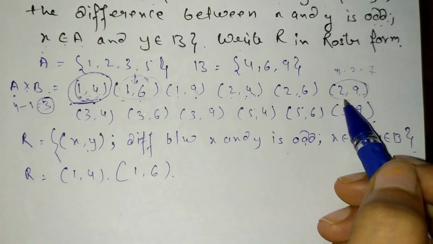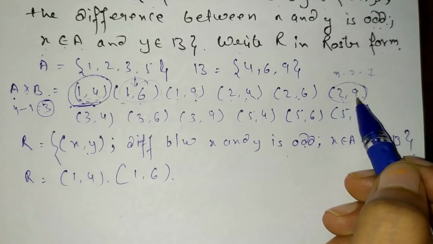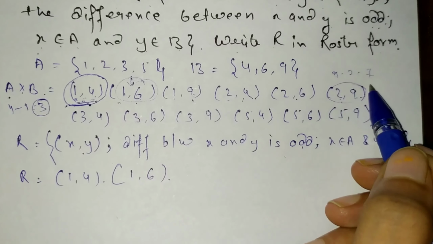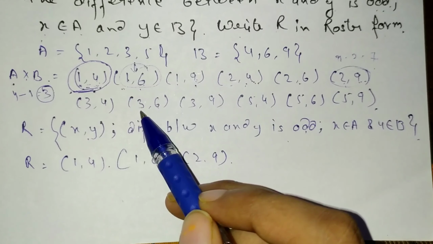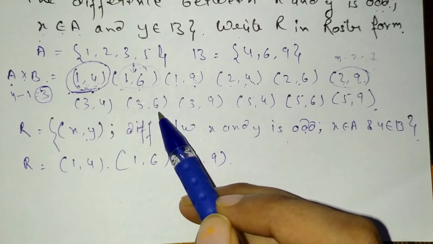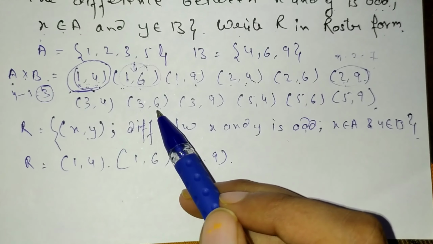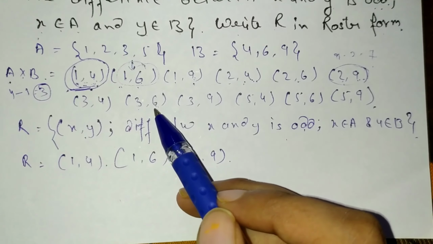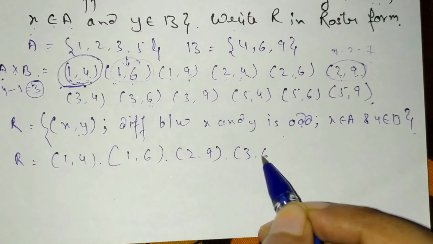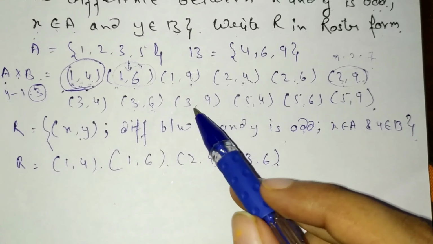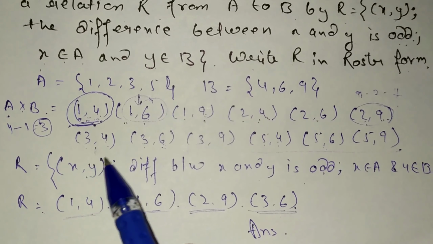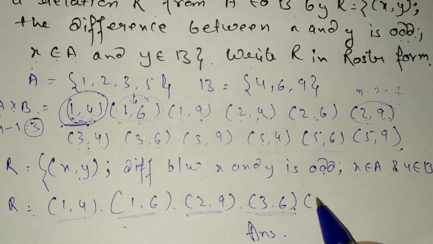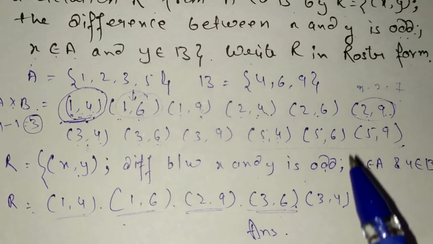We can see that the difference between the value of x and y is odd, so we will take 2 and 9. Now here the value of x is 3 and the value of y is 6. The difference between this is 3 which is odd, so we will take this value. Now we can see that the difference between 3 and 4 is 1 which is also odd, so we will take 3 and 4 also.